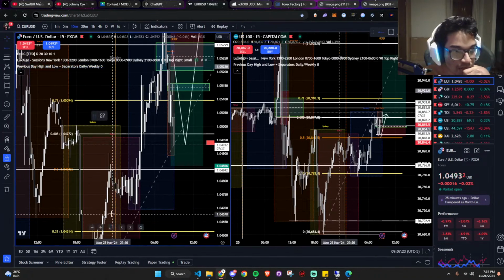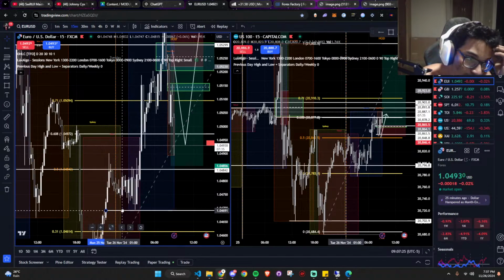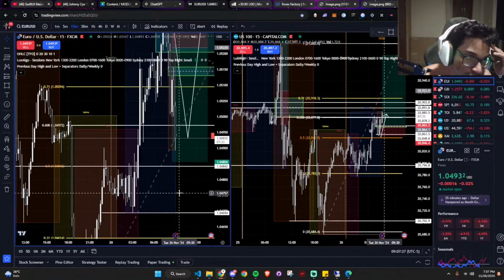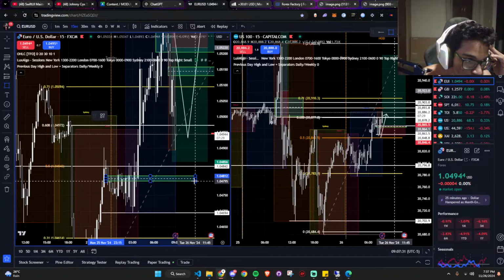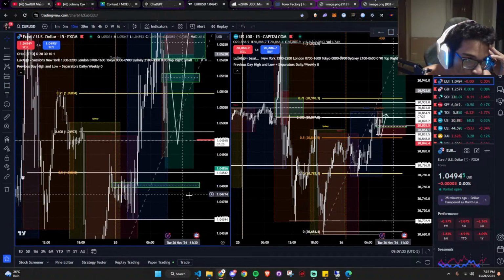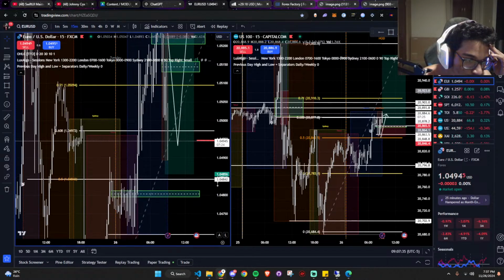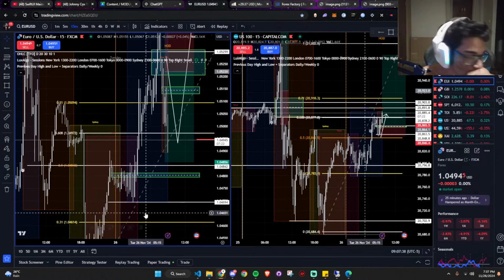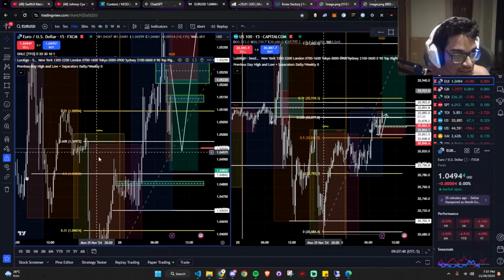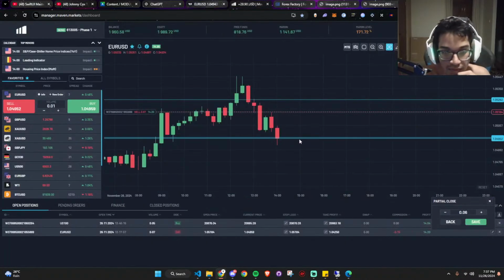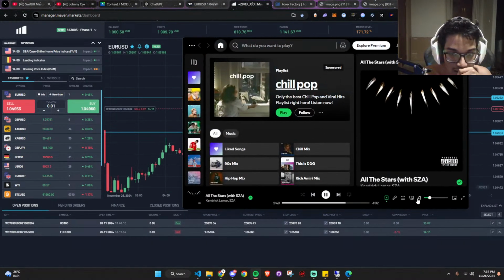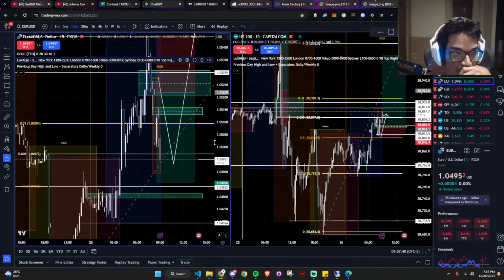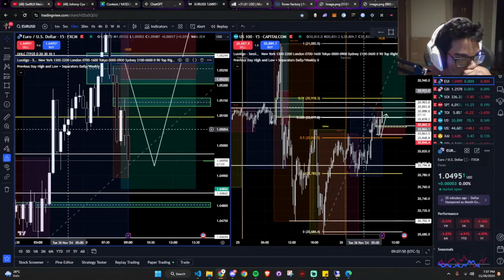I'm pretty sure it's gonna sweep this liquidity. I can guarantee that, most likely. I feel like it's gonna sweep that liquidity. There's a high likelihood it's gonna sweep that liquidity. Come on.